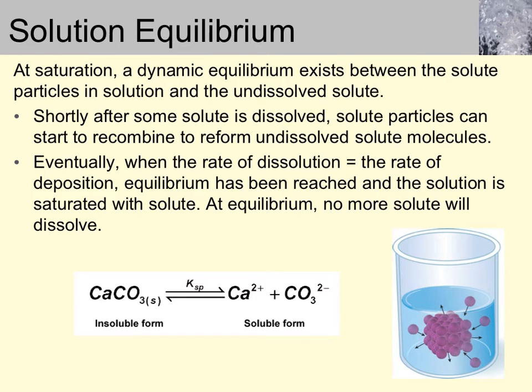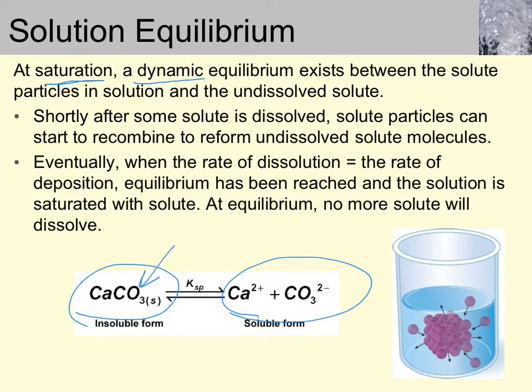All right, so at saturation, there is an equilibrium between the dissolved form of a substance and the undissolved form of a substance. It is a dynamic equilibrium, which means you don't dissolve everything you can and then movement stops.